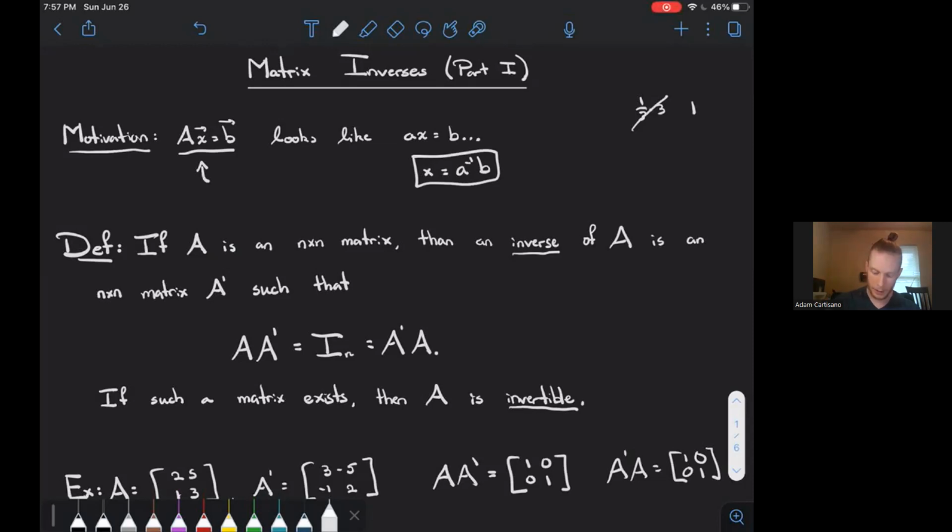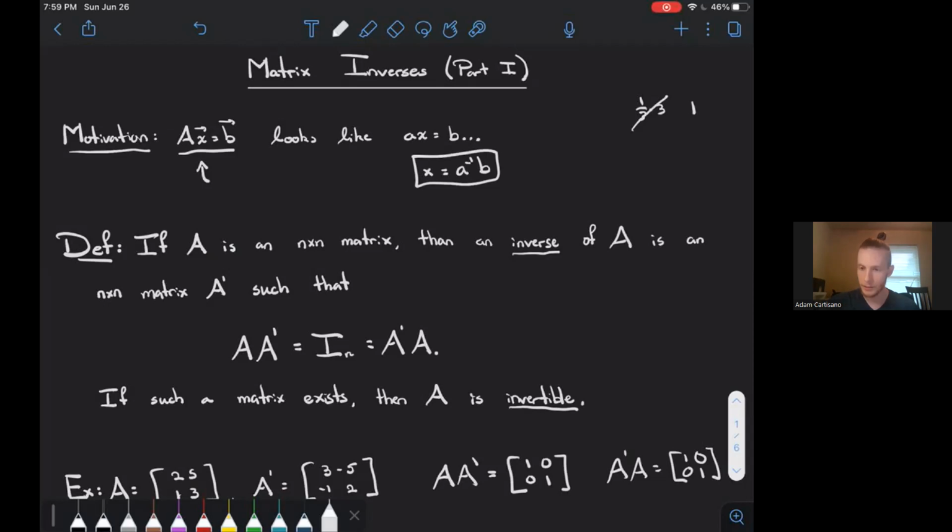So we have to define what we mean by an inverse. Well, we need a matrix, so you start with a matrix A. We're always going to be dealing with an n by n matrix, because we don't stand a chance for a matrix to be invertible otherwise. We'll see that in a moment.